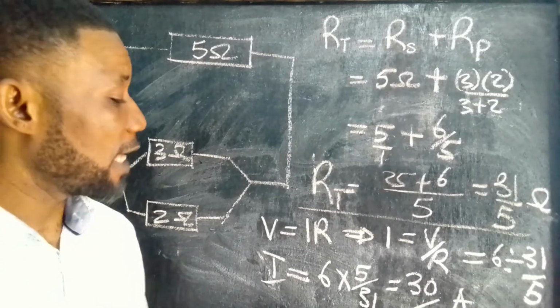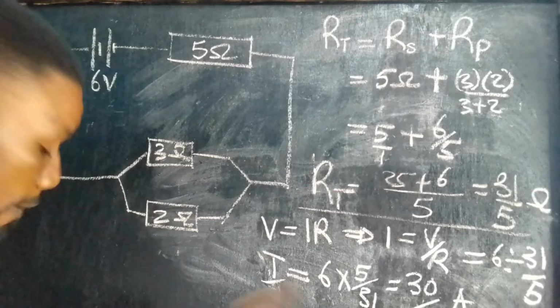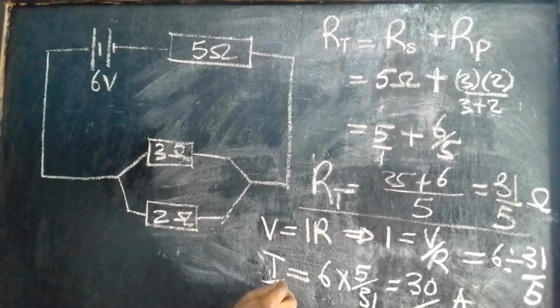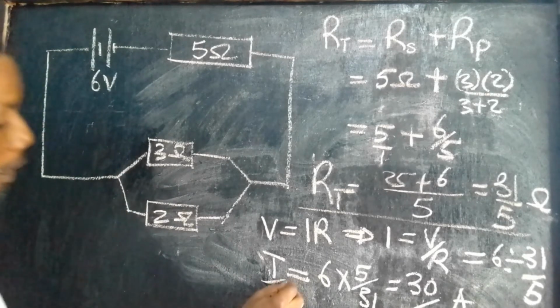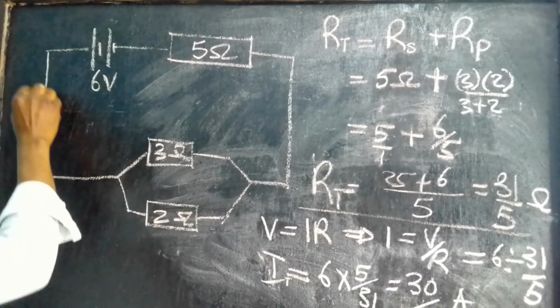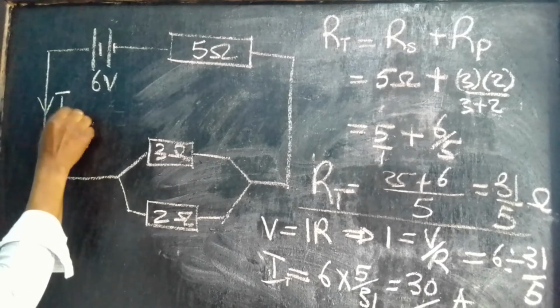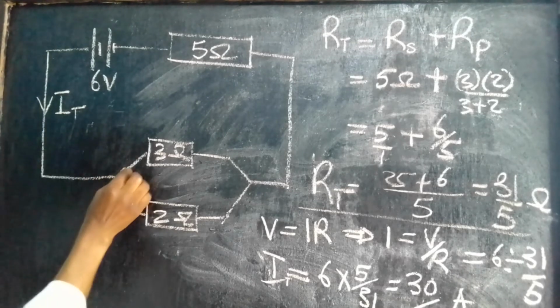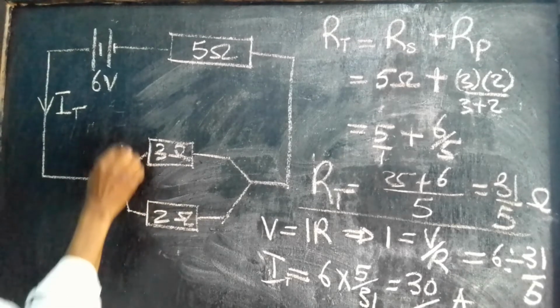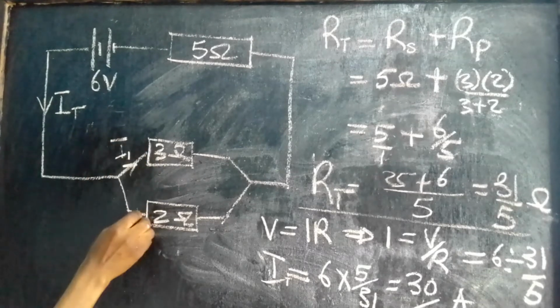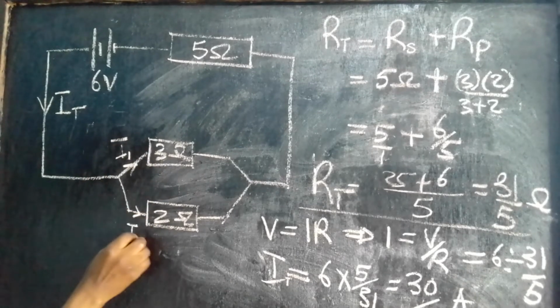And we are saying that this current drawn from the cell is IT, which is the total current. It is going to flow in this direction, IT. When it comes here, it's going to break up into I1 plus I2.